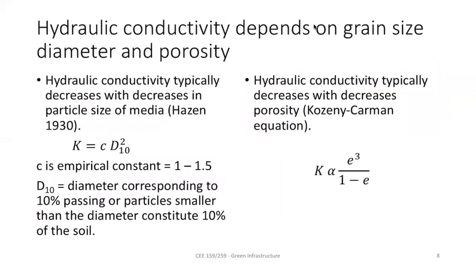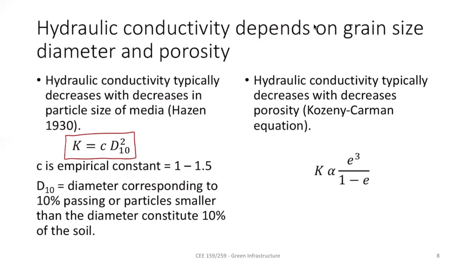Now, you also have to conceptually understand how hydraulic conductivity can change based on the particle size you use or the way you pack. So there are two equations you want to remember. These are empirical equations which relate hydraulic conductivity with particle size. It says that hydraulic conductivity is related to particle size to the power 2, the square.